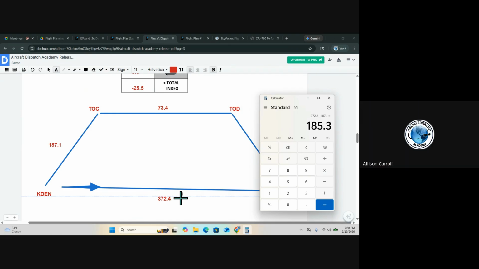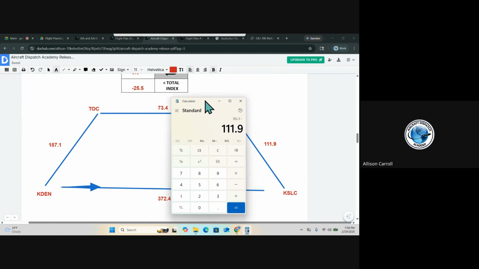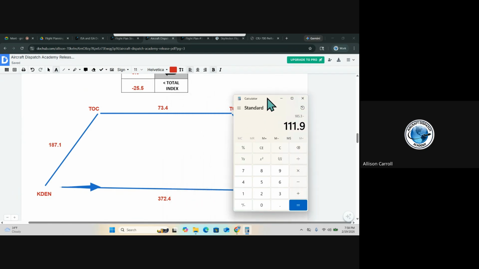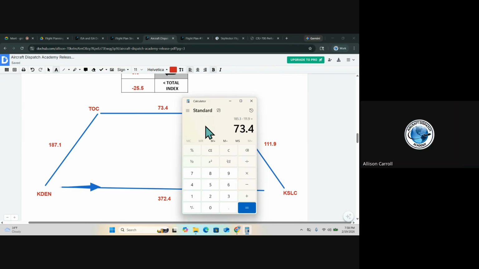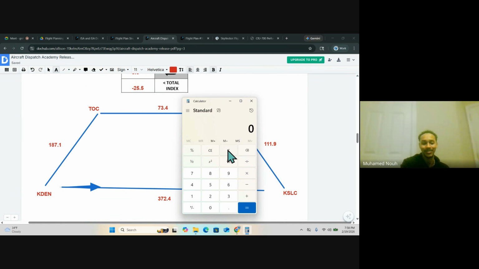And then I subtracted the descent of 111.9. And that gives us 73.4. It's just because I hit enter. Yeah, no. Okay, yeah, never mind. Okay, are we good?